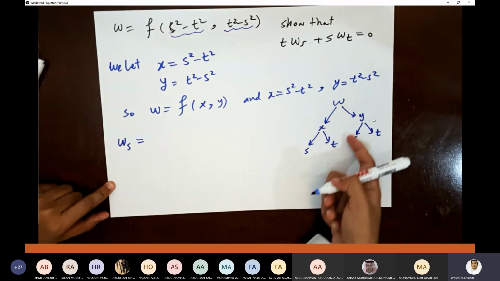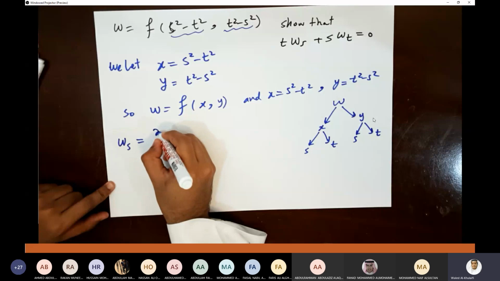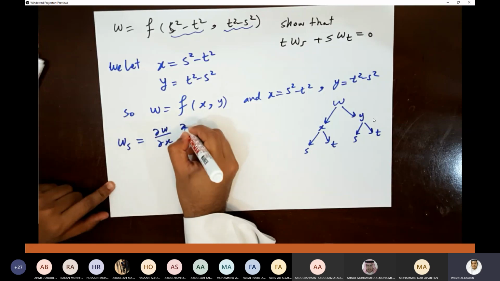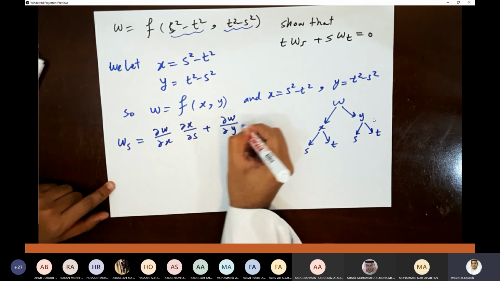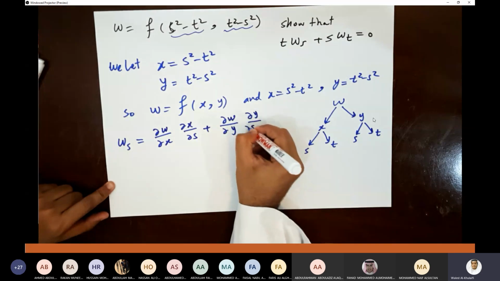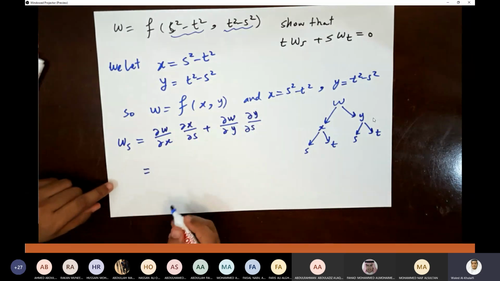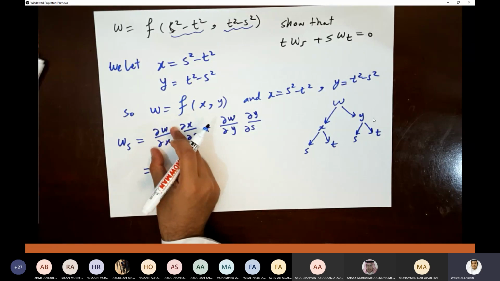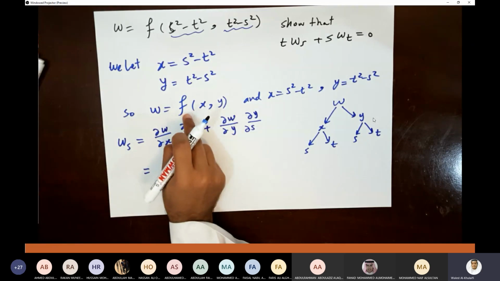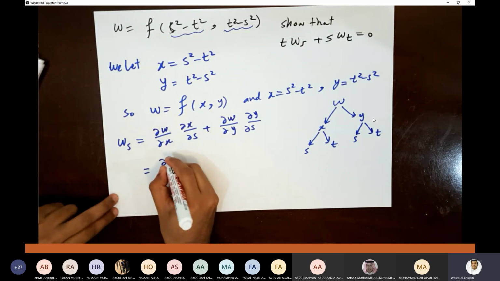We have two routes. So here you can say partial w by partial x times partial x by partial s plus partial w by partial y times partial y by partial s, which is equal to. Here, guys, I don't know what partial w by partial x is because I don't know what the function is here. So I'll write it as it is.